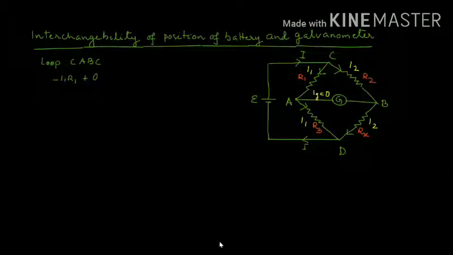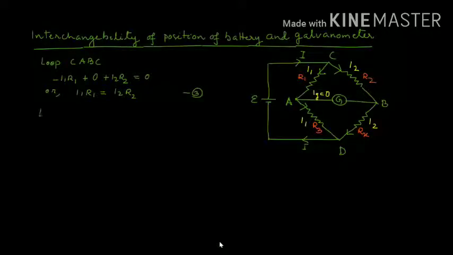Then as we go along BC, product I2 R2 is positive. I2 R2 is positive because we go from B to C against the current, and this is equal to 0, or I1 R1 is equal to I2 R2.